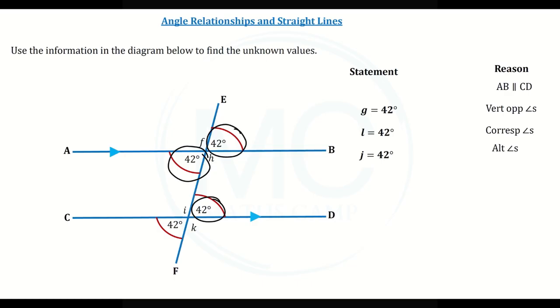And it is the vertically opposite angle to this angle down here. So you can use any of these reasons to justify the angle of J. All three will be correct.